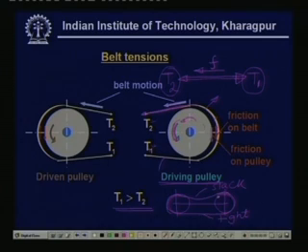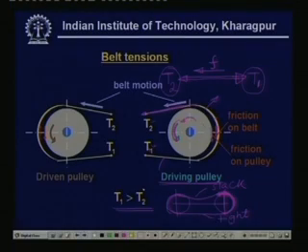Now, due to this slackness, what will happen? You can see the angle of contact or angle of wrap is coming out to be more. So, that is the reason: if there is more contact, it will be shown also mathematically after some time, there will be more friction acting onto this belt surface, and thereby the power transmission will be better in this particular case.